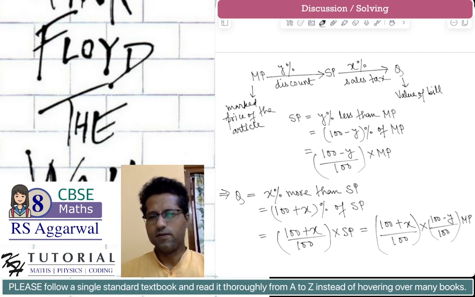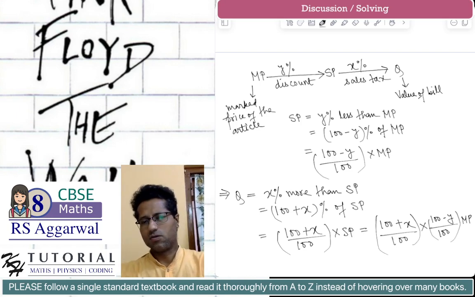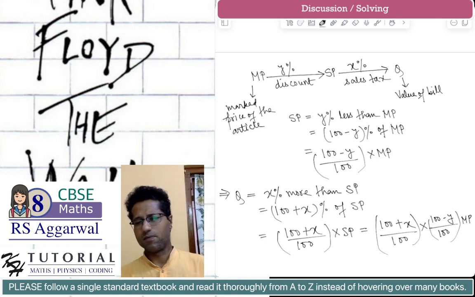So if you are given a marked price of an item, a discount of Y%, and finally a sales tax of X%, then the final value of the bill, or the final price that the customer has to pay, will be Q, which is equal to (100 plus X)/100 multiplied by (100 minus Y)/100 multiplied by MP.